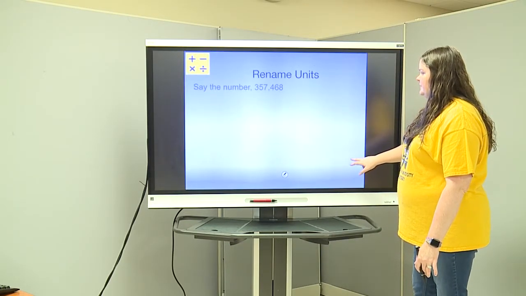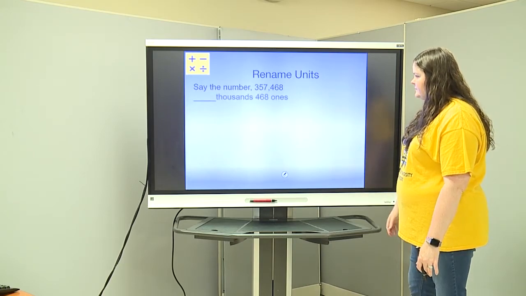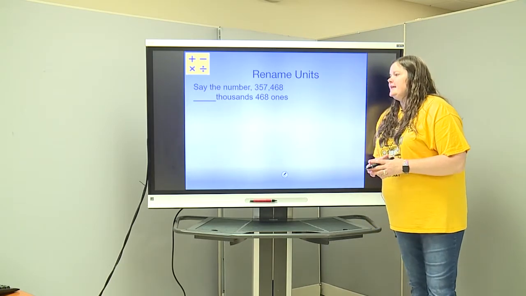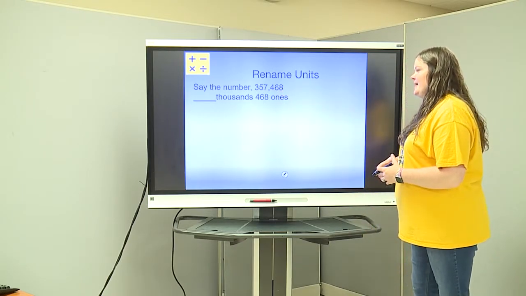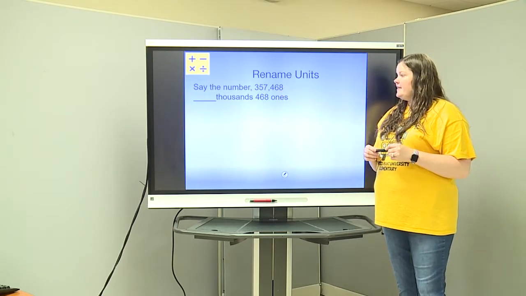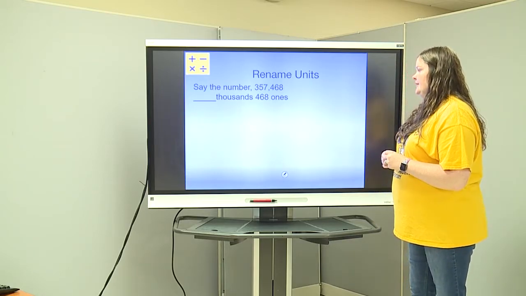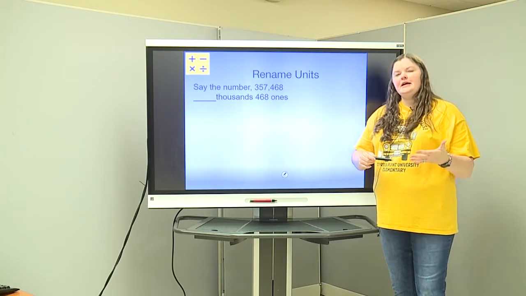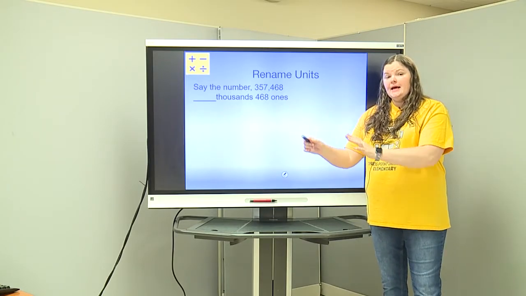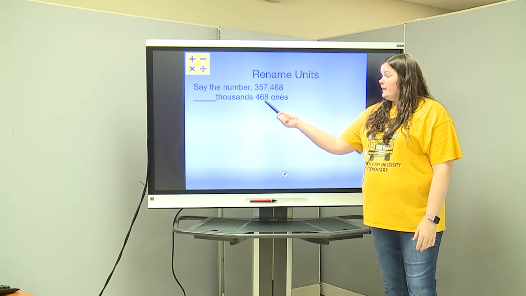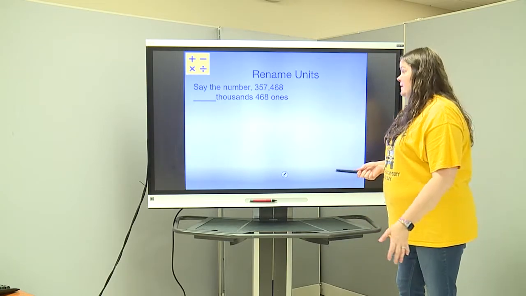All right, let's move into some fluency. So let's look at this number. It says to say the number. It's 357,468. And we've done a fluency activity like this where we broke down the thousands base and the ones base. Well, here they already have the ones base there for us.